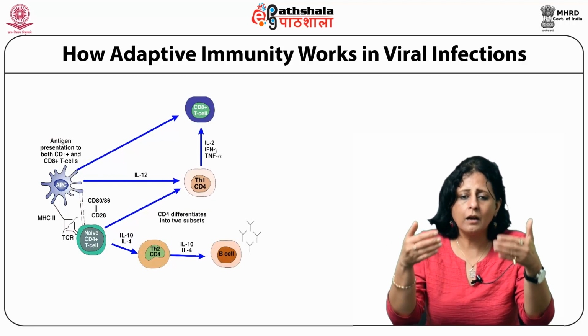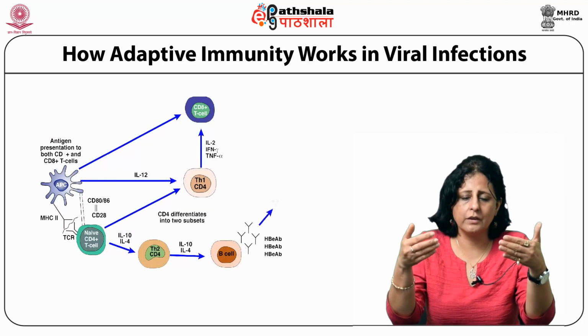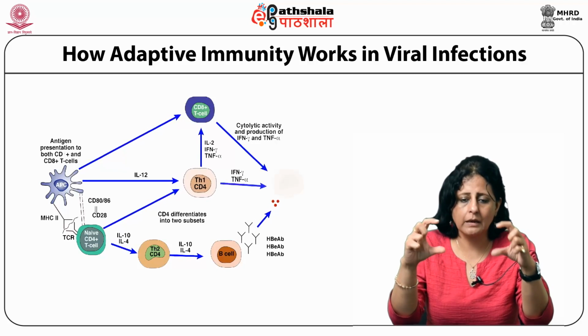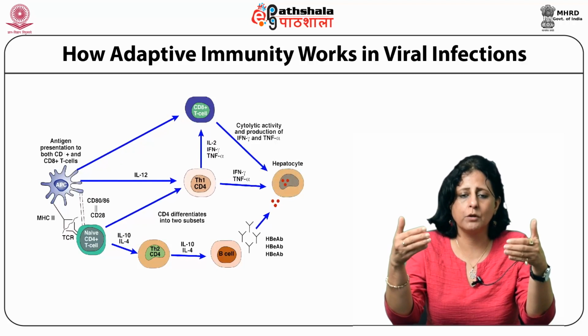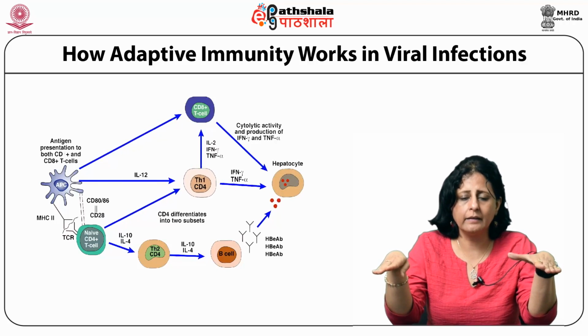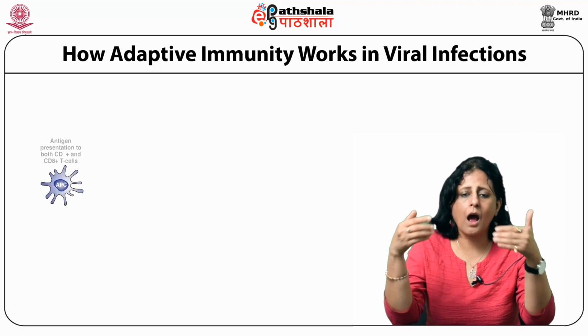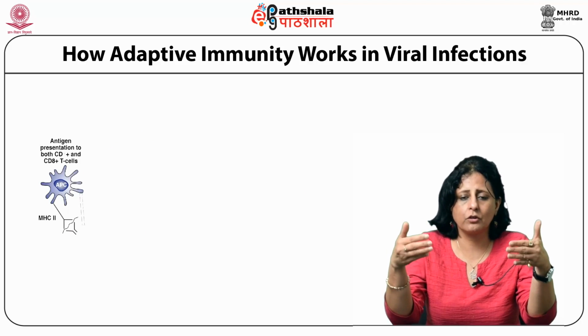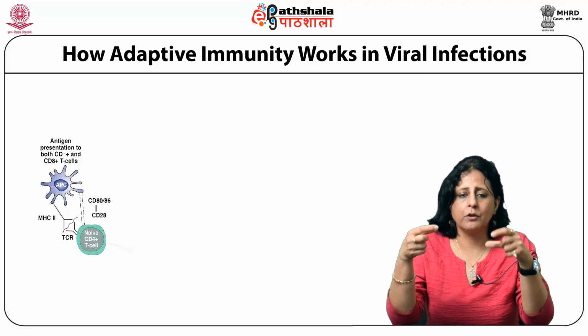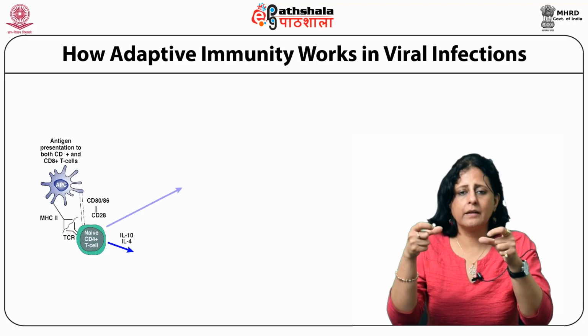Now the third population is the regulatory T cells, and these regulatory T cells maintain the homeostasis of the immune system. They balance the CD4 and CD8 cells because they suppress the unwanted proliferation of these cells. In adaptive immunity, there are also helper T cells.